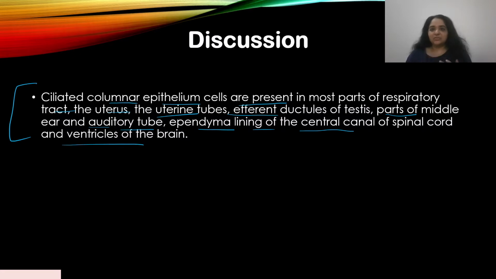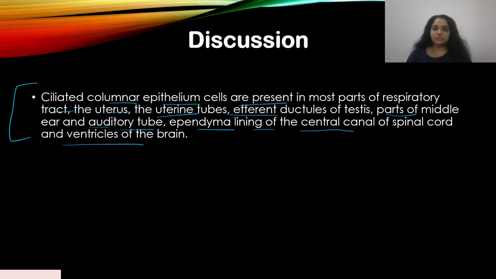Whether it's columnar or cuboidal, we don't know that, but just think of it this way: when cilia are present, and cilia are always moving in a direction, basically they are pushing something out. Now in the case of bronchioles, it is pushing out mucus, and the mucus needs a force to push it out, right? So the cilia do that job.